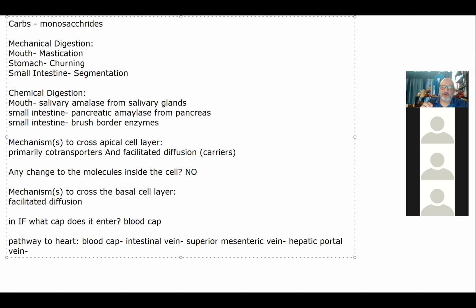So from the hepatic portal vein, we have to go into the special capillary found in the liver. Sinusoid capillary, excellent. That sinusoid capillary feeds into what? The central vein. Excellent. Now we can leave the liver, and we leave the liver via what?